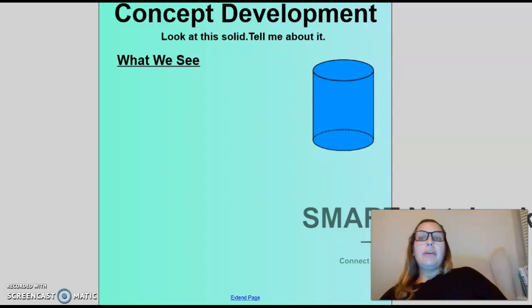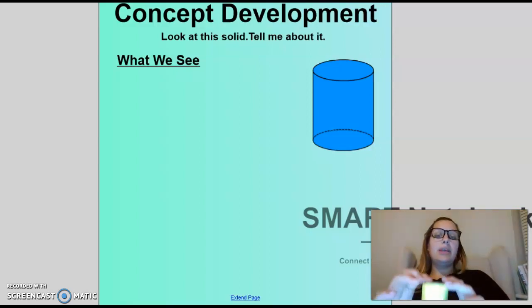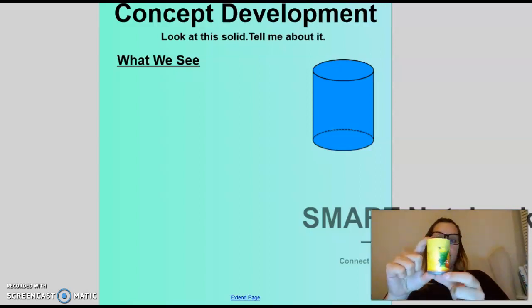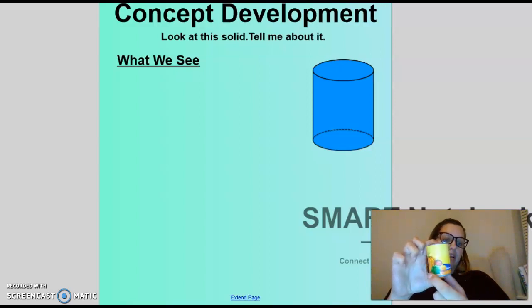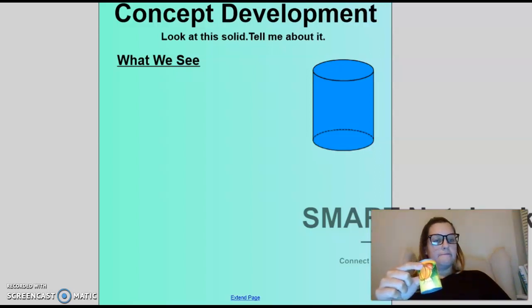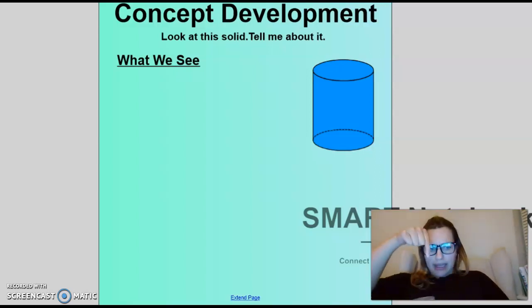Our next shape, I want you to pause me and tell me what you see when you look at this. Here's a real version of it. What do we see? What do we see if we were looking down at it?